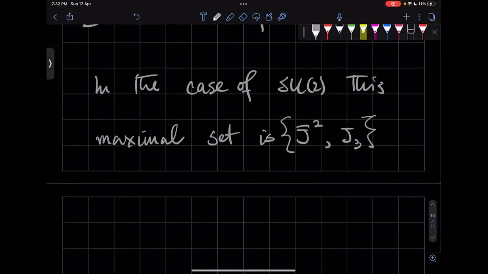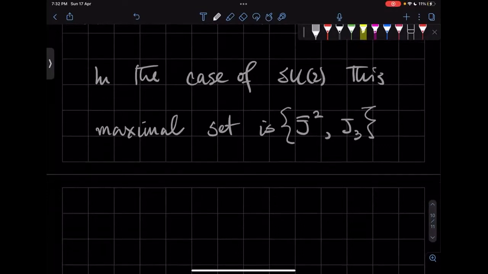So that means that our vectors will be simultaneous eigenvectors of these two linear operators. Let's write these vectors as |lambda, m>, where lambda is the eigenvalue of the J squared operator.